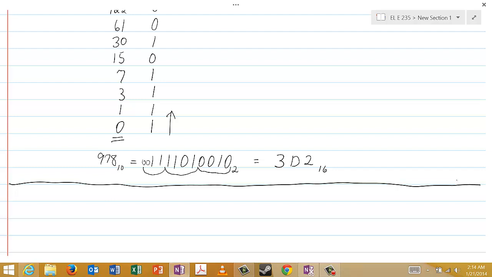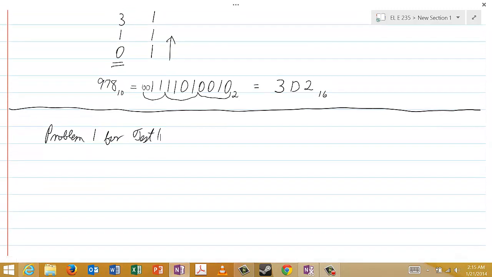So the problem will be the following. Problem 1 for test 1. Actually, I guess maybe there will be 2 problems.